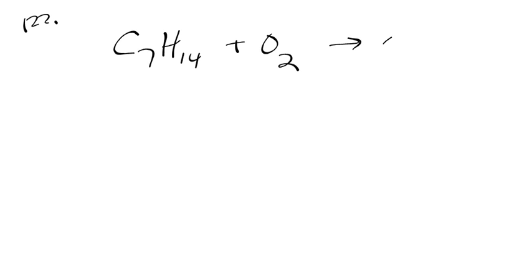Okay, 122. Which of the following is correctly balanced for the incomplete combustion of heptane? Well, first of all, heptane is this. They're telling you it's combustion, so you have to be adding oxygen to it, and you're going to be getting carbon dioxide and water from it. So when I look at 122, I know combustion has this, and I know it's going to form that.